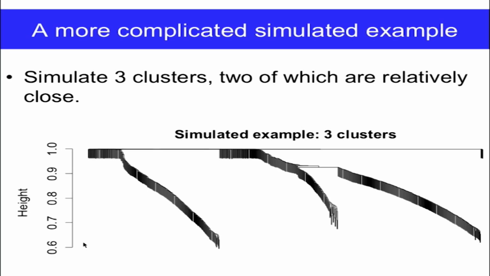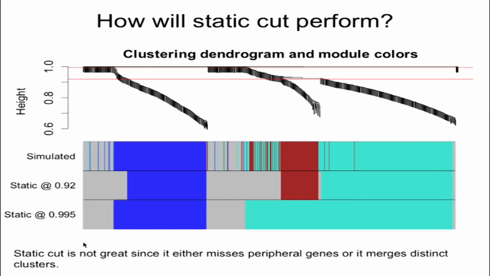And the other thing you notice on the leftmost side, you see a lot of genes that are at the top of the tree. They are singletons. They're really not part of any cluster. In any event, because we simulated the data, we know the true cluster assignment. And so what do we learn? Well, there's the turquoise branch, and then there's the brown branch, and the blue branch.